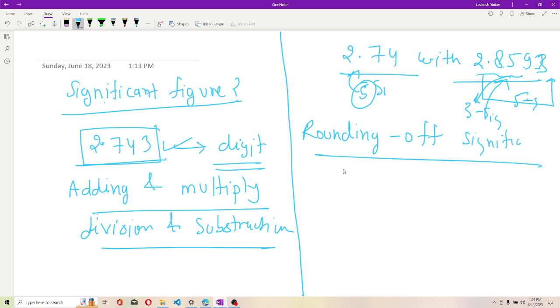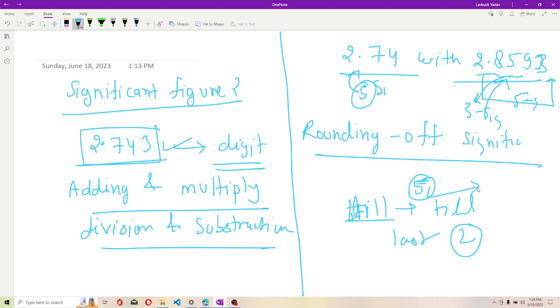Suppose I want to round off a number till the last two digits after the decimal. We look at the last digit, and if it is greater than 5, then the digit that precedes it should be increased by 1.